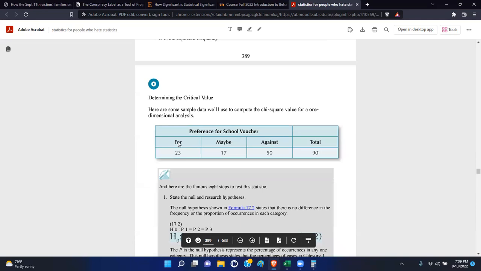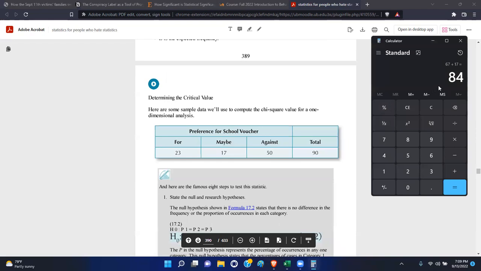Here, the data is a little easier to work with, because we had three categories: no college, some college, and college graduate. To get the expected results, you divide by the number of categories. So divide by 3. This one you can do in your head: 90 divided by 3 gives 30.